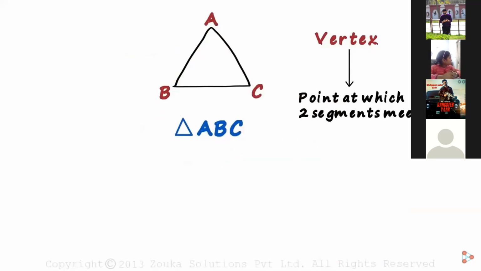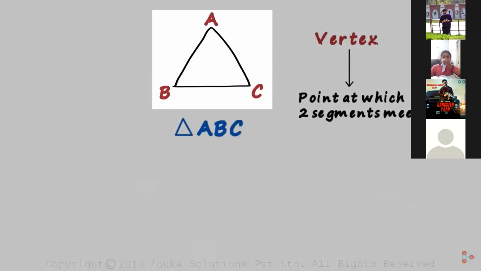Instead of writing the word triangle every time, we use the symbol of a triangle instead. Is the order important here? Can we call it triangle BAC or triangle CBA? Yes, we can, but wherever possible, we should try and follow the alphabetical order. Look at the triangle closely.